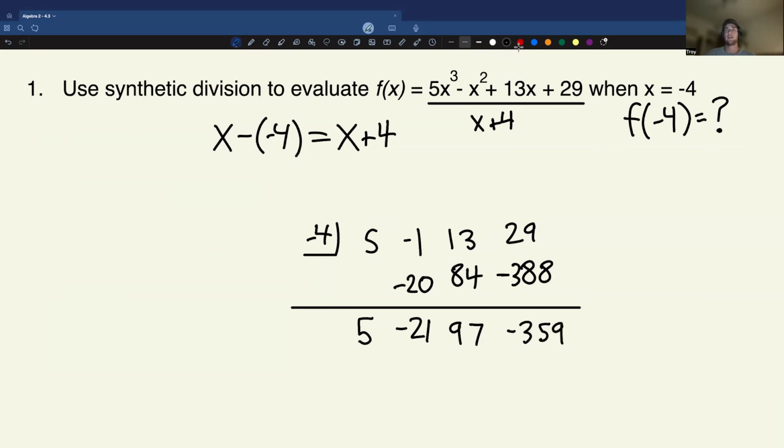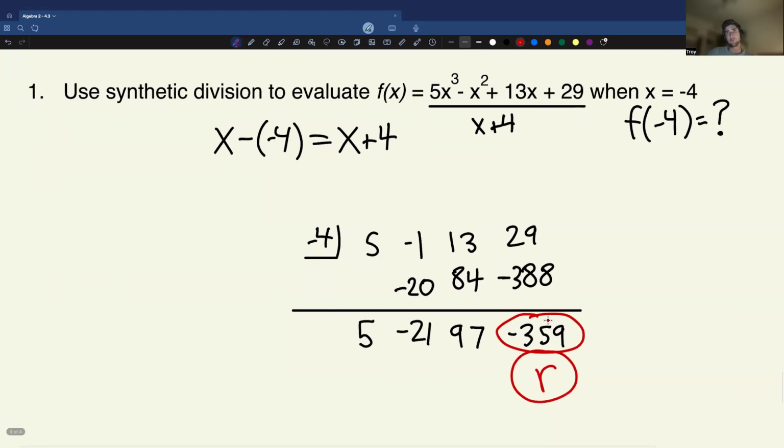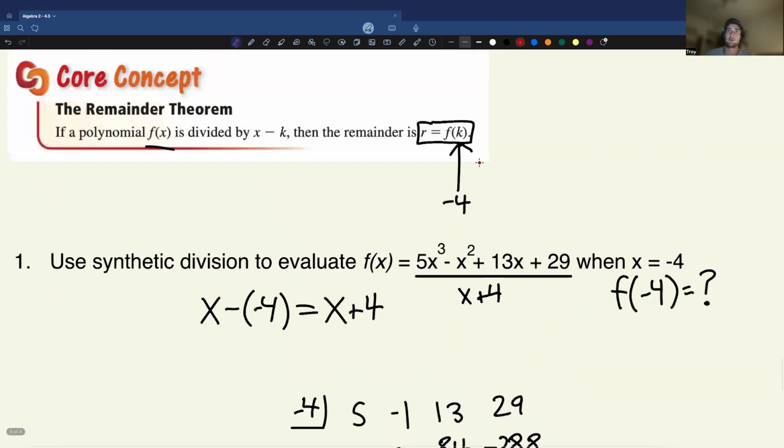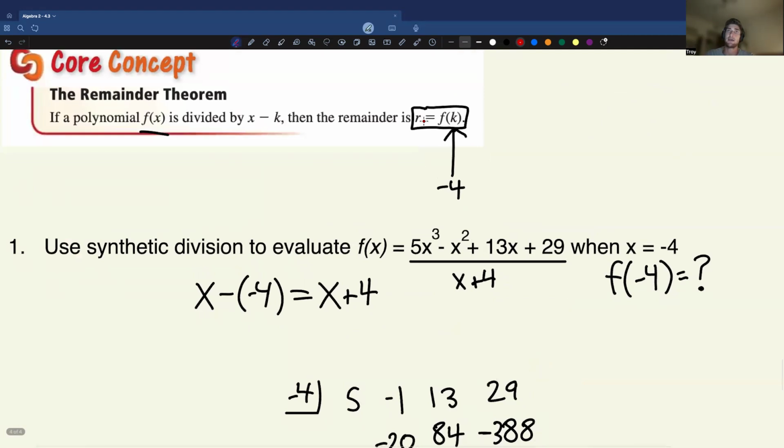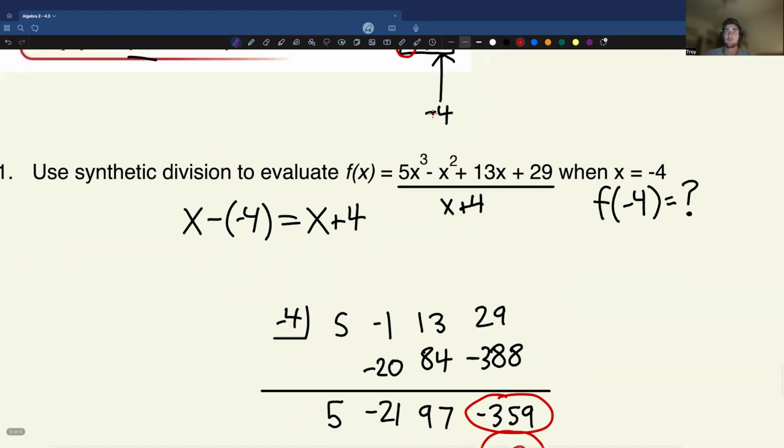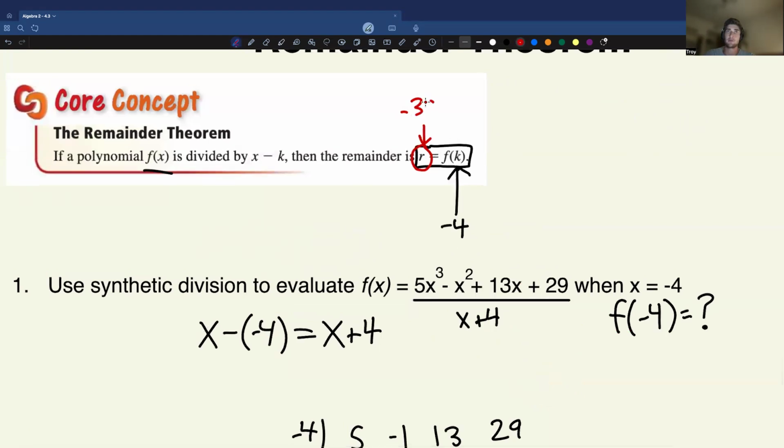Boom. And in a problem like this, we're not even curious about the entire quotient. All we care about is the remainder, right? We know that -359 is now our remainder. So what does that mean? Well, going back up to this, we just found that r is equal to -359.